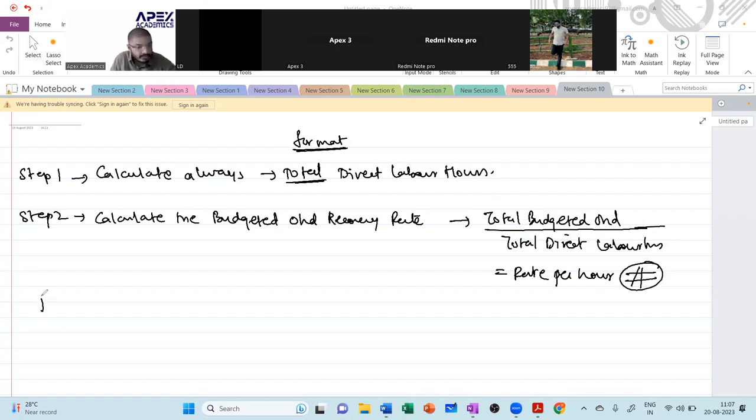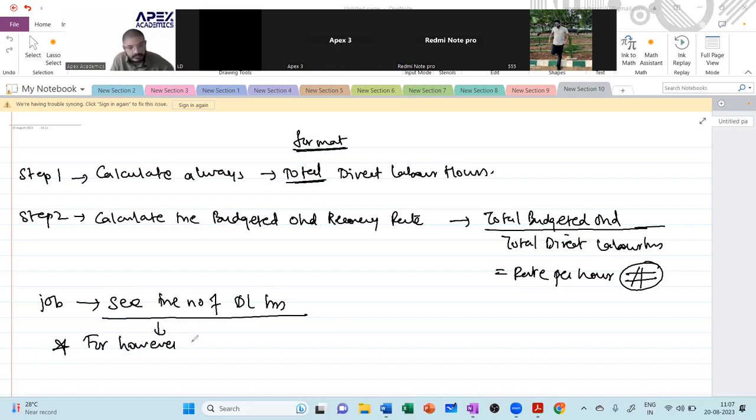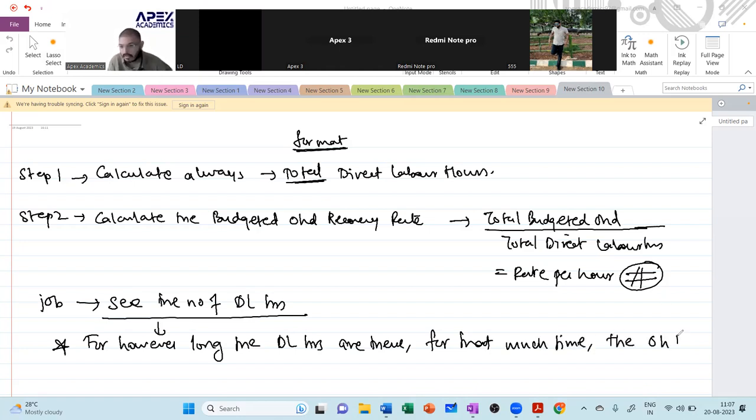Now see what job you are on. In that job, see the number of direct labor hours. Here, what is your biggest clue? For however long the direct labor hours are there, for that much time the overhead will be incurred.